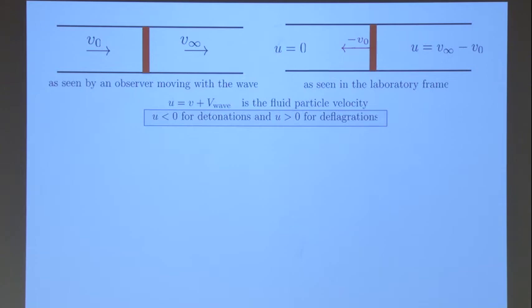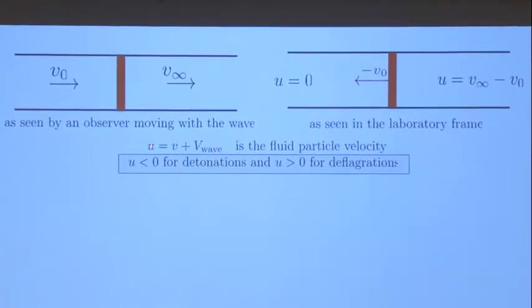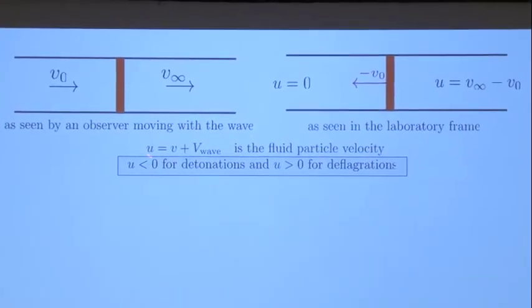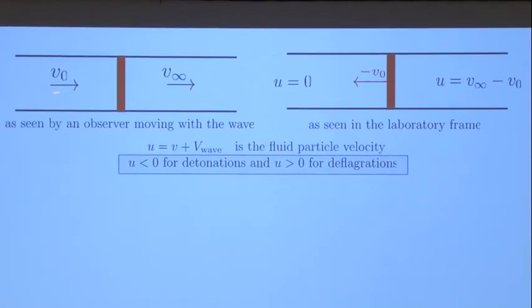It's convenient to think of this as another way to look at what really happens in either a detonation or a deflagration, but now I want to look at the particle velocity, okay? So U is the particle velocity. Remember that this was the configuration when an observer is moving with the wave, on the left.